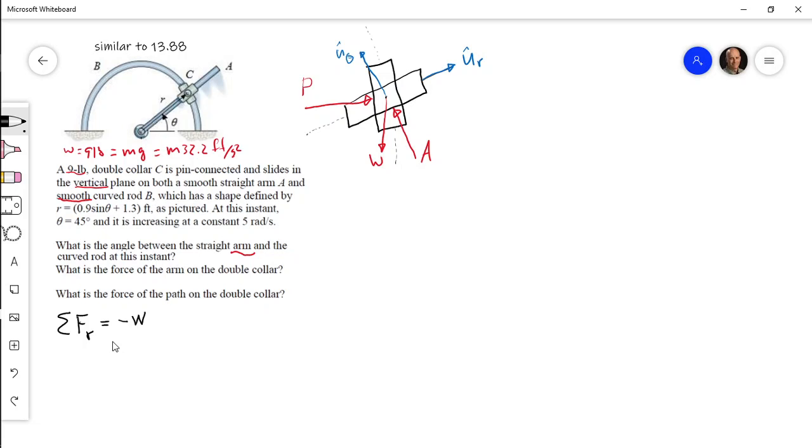And the weight doesn't align with either of these axes directly, but we can see that when theta is at 0 and the radial direction is horizontal, the weight will be completely in the u theta direction. And then when the arm is vertical, the weight will be exactly opposite u r, and the sine function will do that for us.